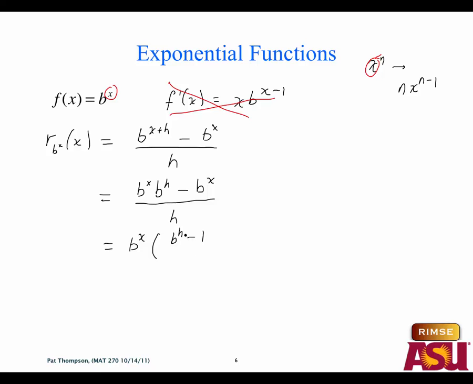I'm going to do both steps here. Inevitably, you will ask about this. So we get b to the x times this ratio.